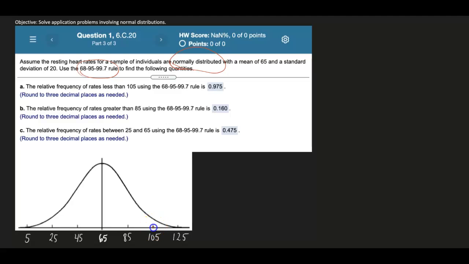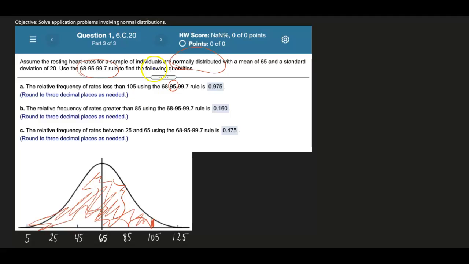So less than 105, that would be at this mark and anything below. Poorly drawn shading right here, but at that mark I am 2 standard deviations away. So the second number in that rule, 2, tells me something related to this mark.